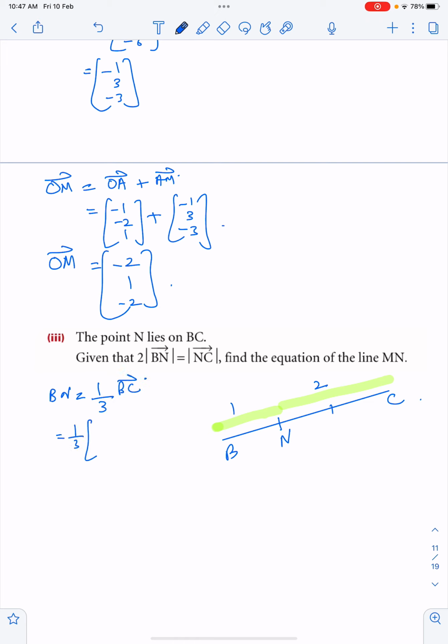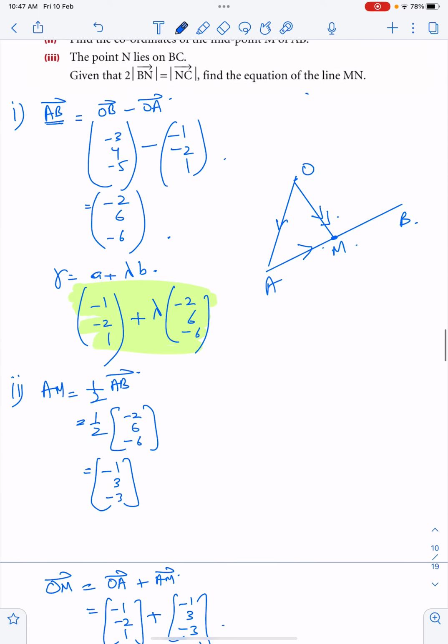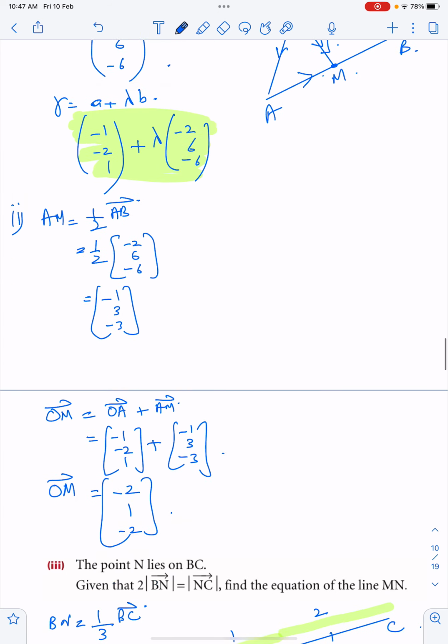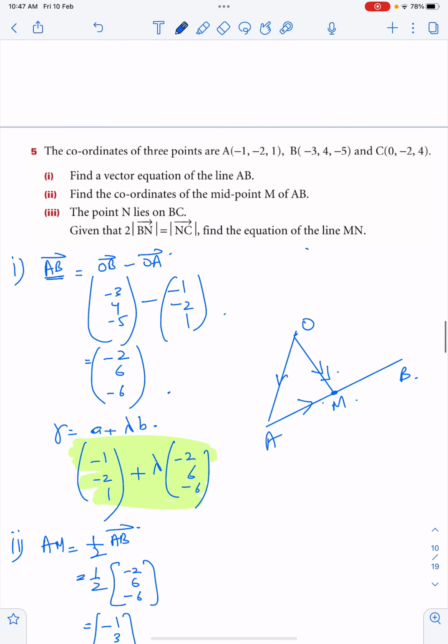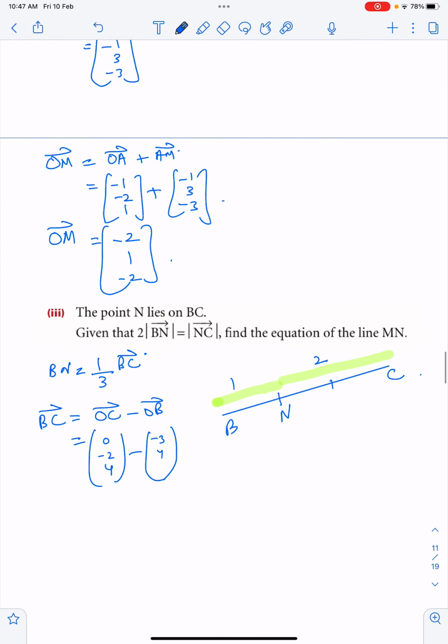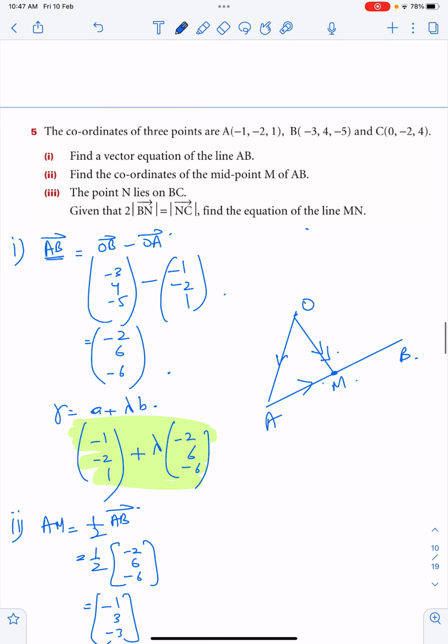Okay, let me find BC first. BC is going to be OC minus OB. OC is (0, -2, 4), and OB is (-3, 4, -5).